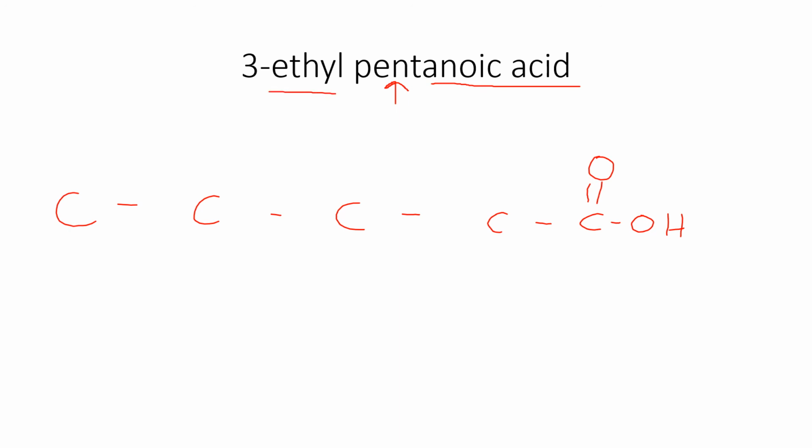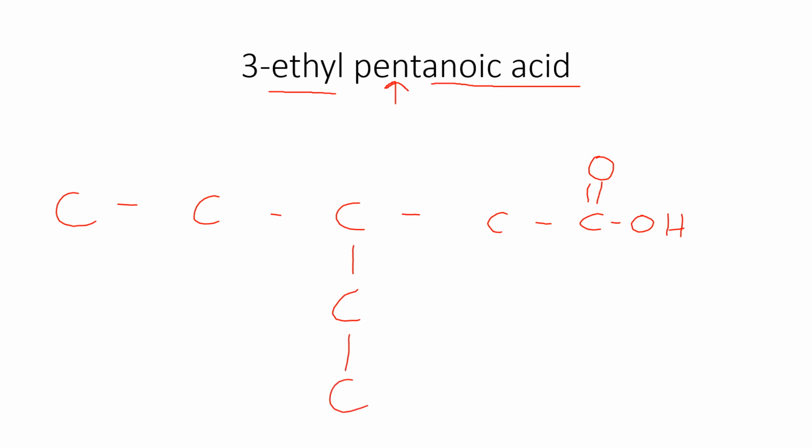It's an ethyl branch, so that means that branch size will be 2 carbons. It's at position 3. Remember here, I have to number from right to left because of where I put the functional group. I put the functional group on the right-hand side. That's what's going to dictate my numbering. So here, I must go right to left. 1, 2, 3.